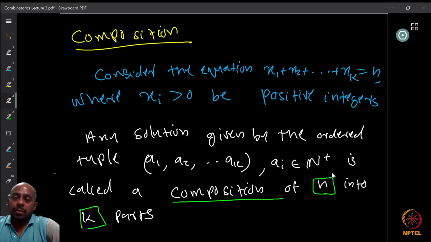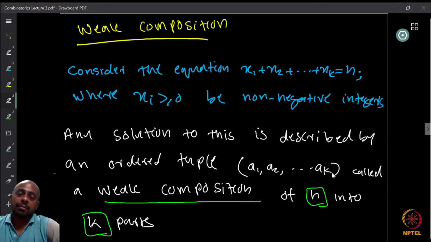Now, can you think of any argument to count the number of possible compositions or number of possible weak compositions? Okay, so I tell you that both of these can be solved by some results that we already looked at.